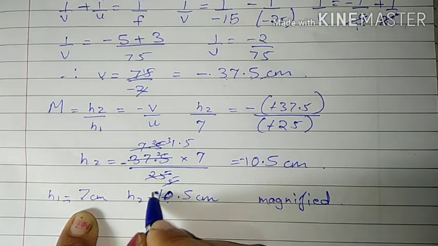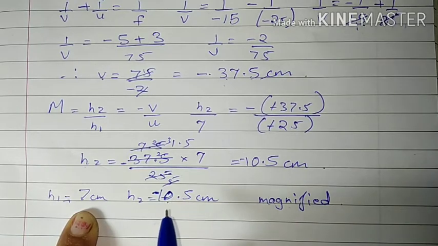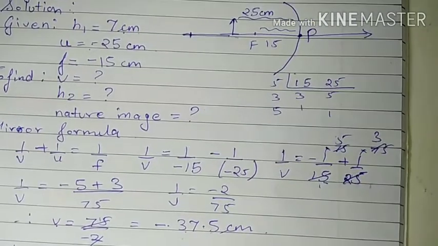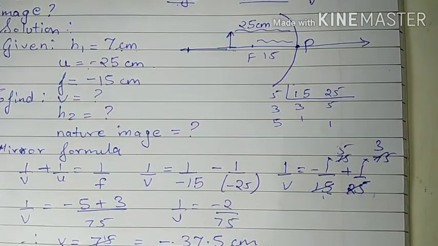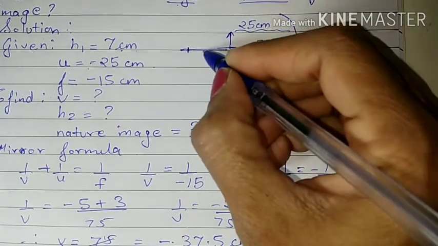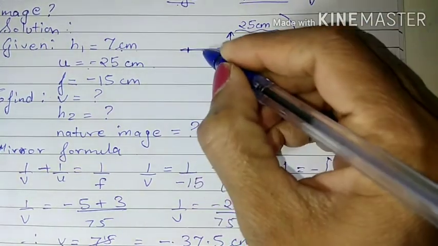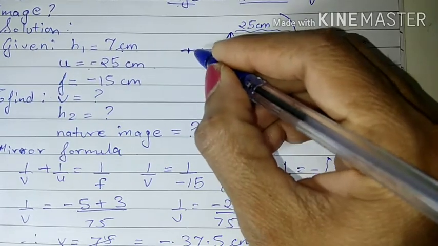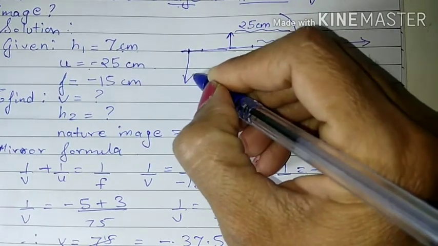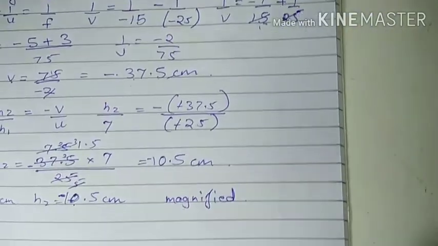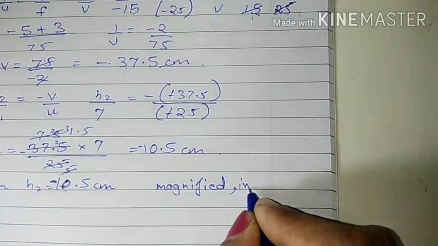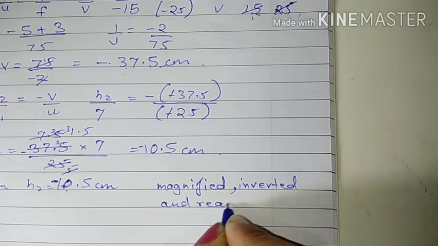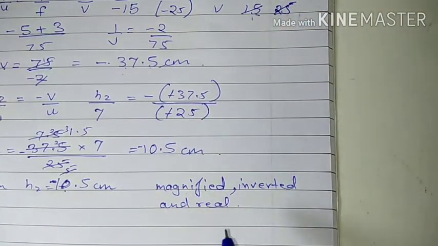The minus sign indicates that it's an inverted image. As per the Cartesian sign convention, when the height of the image is negative, it is formed on the lower end, so you measure from the principal axis and go downwards. So the image is formed inverted. The image is magnified, inverted, and it's a real image since it is formed on the left hand side of the concave mirror.